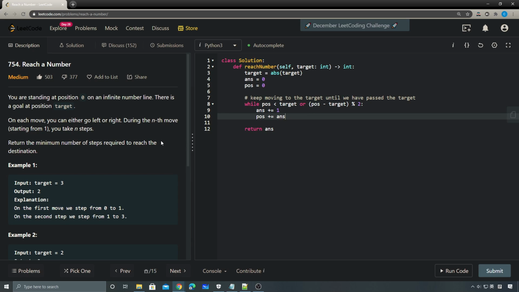So just to recap, the most important observation for this problem is that we need to find the first position that gives us an even delta, and that position will be our answer, because with an even delta we can always make the current position reach the target by flipping the signs of some of the previous numbers. Once you figure that out, the only thing left is to find the first position that gives an even delta, and then we have the answer.